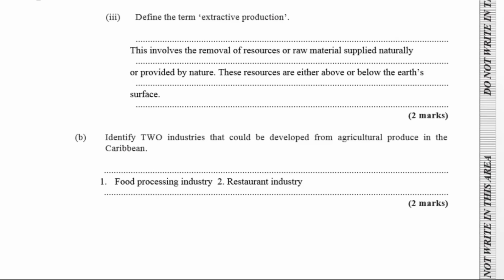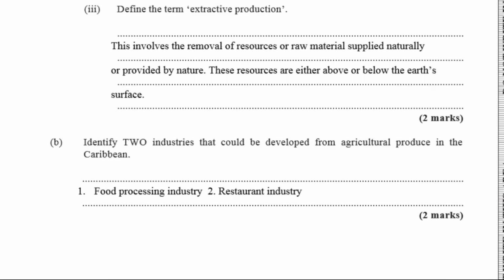They process the food, right, and that also helps the food to be preserved. Of course, you have the restaurant industry. They need the things from the agricultural produce, such as the yam, the banana, the cashew, the cocoa, all of those things. Okay, I don't know if any of you know what cocoa looks like. You know dashi. You need to check it out if you don't know.